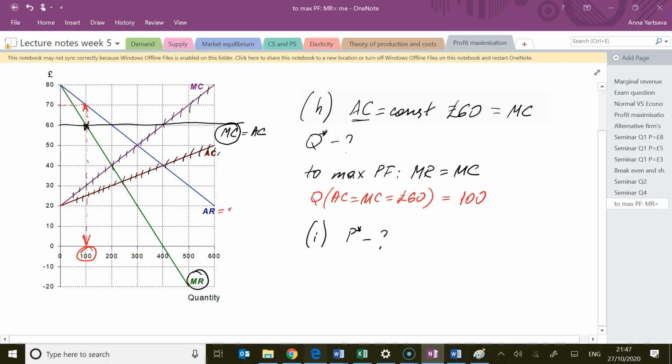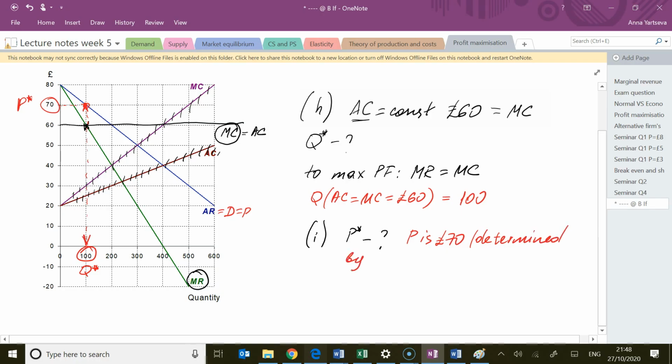So our demand, shown by our average revenue and price line, actually tells us that for 100 units of output, consumers will be prepared to pay £60. £70, sorry. So this will be our optimal price, while 100 units is our optimal quantity. Price is £70 because it is determined by the demand, as before.